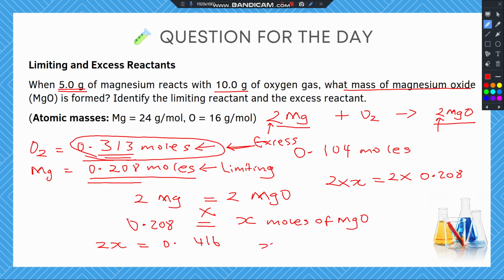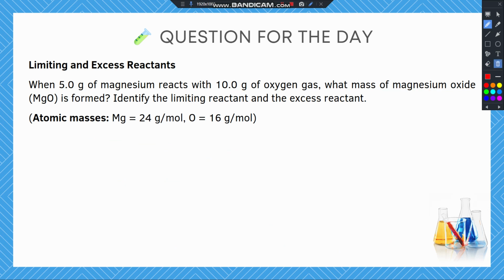So therefore, x is equal to 0.416 divided by 2, that's 0.208. What this means is that we have calculated the number of moles of magnesium oxide that will be formed to be 0.208 moles of magnesium oxide formed. But the question says what mass of magnesium oxide?